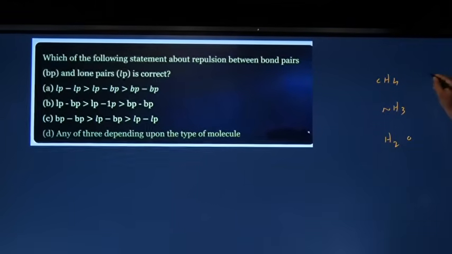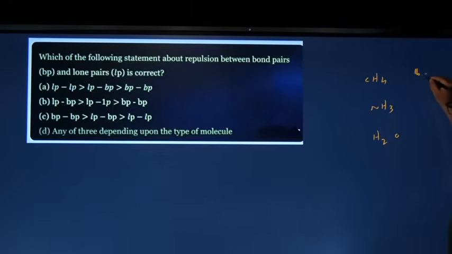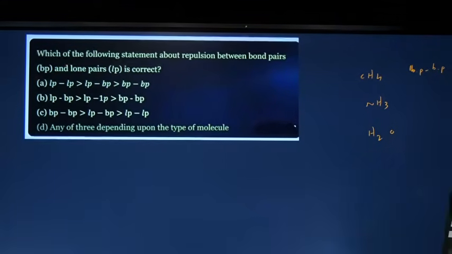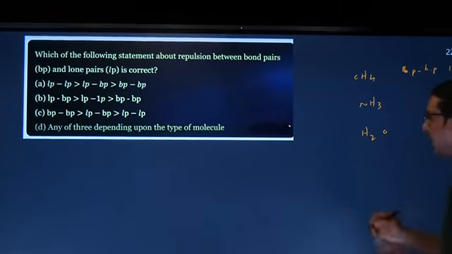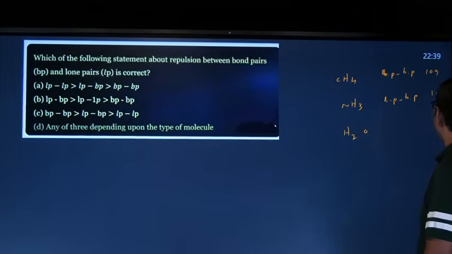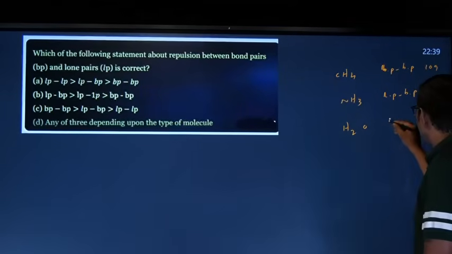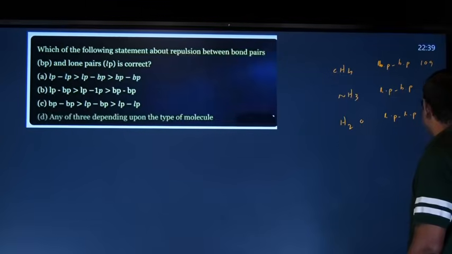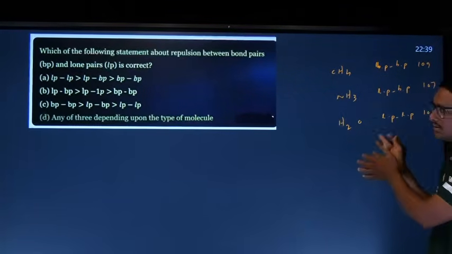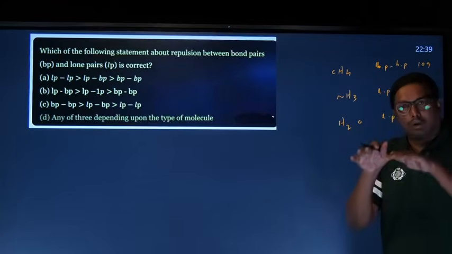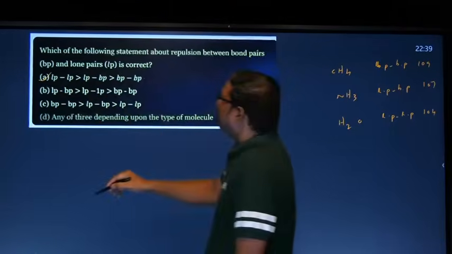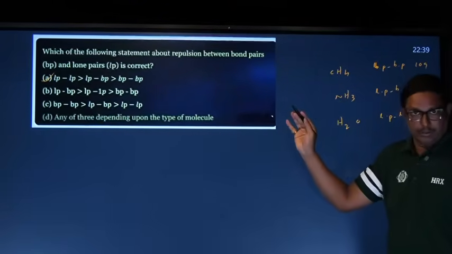Methane has only bond pair repulsions, so its bond angle is 109. Ammonia has lone pair-bond pair repulsions, so it has a 107 bond angle. Whereas water has lone pair repulsions, so it has a bond angle of 104. That means due to the presence of lone pair repulsions, the bond angle of any molecule decreases. So the correct option will be lone pair, bond pair. So clear?